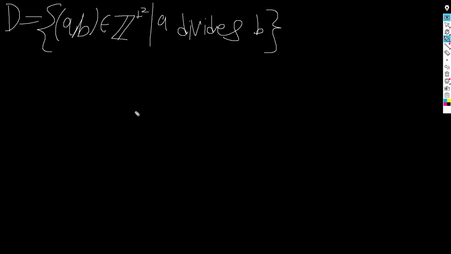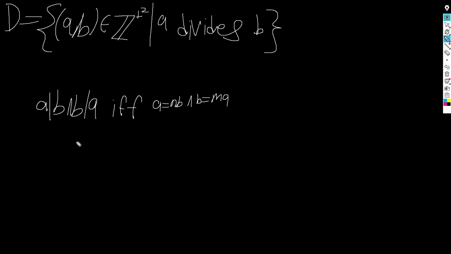But is it anti-symmetric? Well, let's see. First, suppose that A is divisible by B and B is divisible by A. This is true if and only if A is NB and B is MA, where N and M are positive integers. Since B is MA, we can replace this in NB to make A equal to NMA.